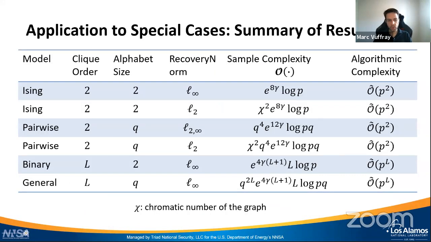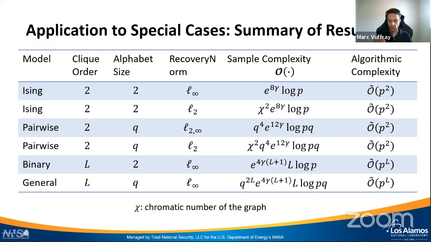Okay, so this is a table for different models. I will not go through it. The most important part is to see that for different models, not only for Ising, but when you have pairwise functions, binary L-wise models, or general models with more general alphabets, you can use different norms than the L infinity norm. You can use two norms, L infinity norms. The only thing that will matter is you have to prove for each of these models that they actually behave well.